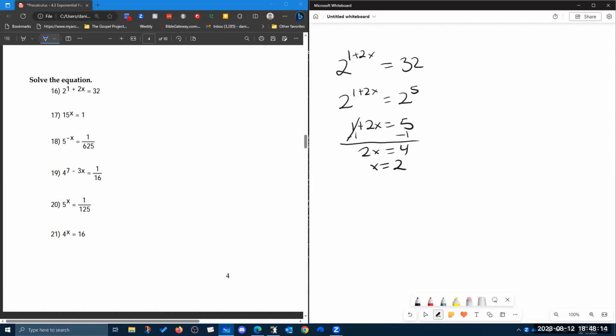So for our next problem, 15 to the x is equal to 1. Well, anything to the 0 power is 1. So I'll write that as 15 to the 0 power, and then x is going to be 0.